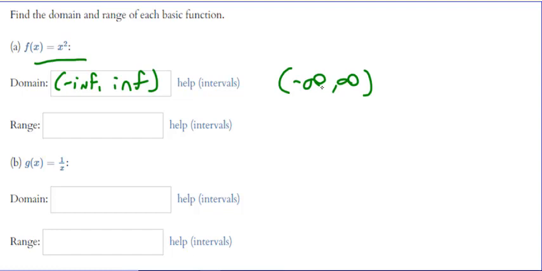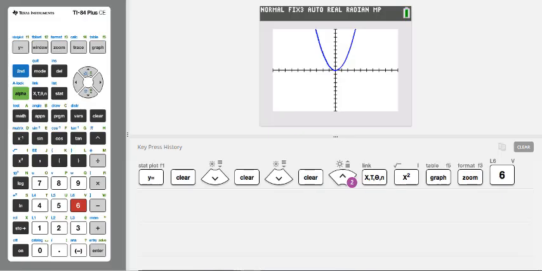The range is what you need to nail down, because when we're looking at this, there's a point right here that is the lowest point. I know that it's 0, 0, but I'm going to show you how to nail it exactly on the calculator.